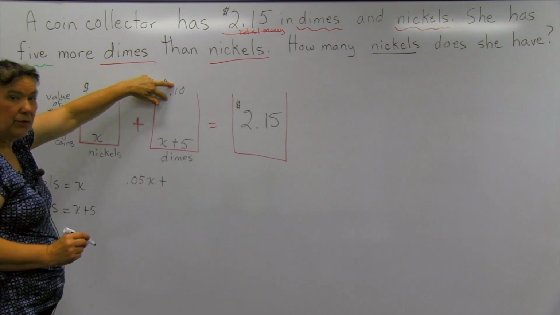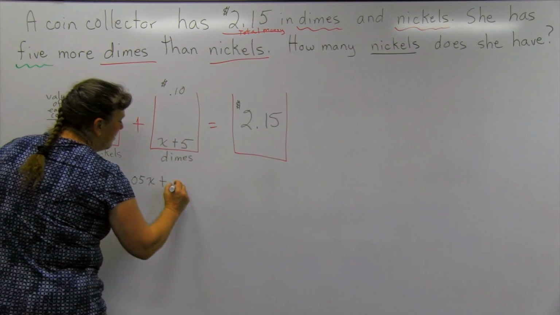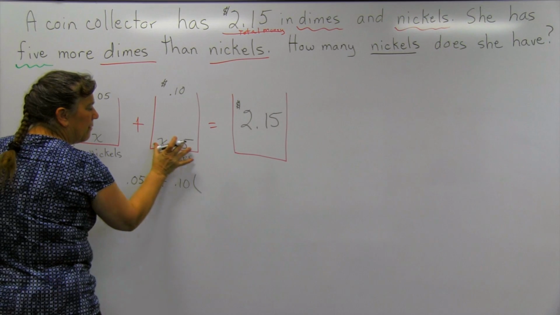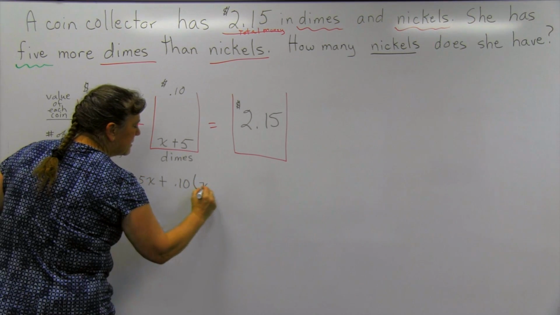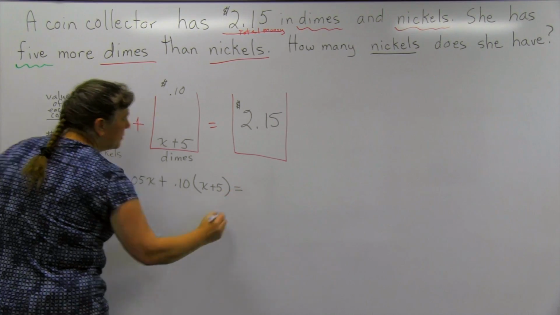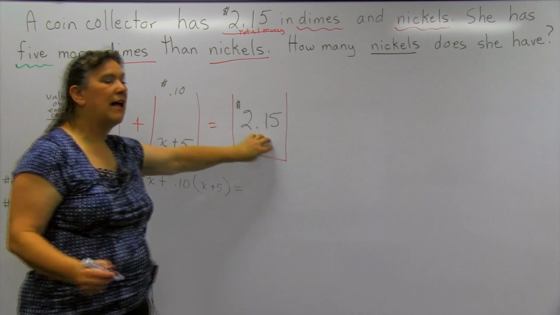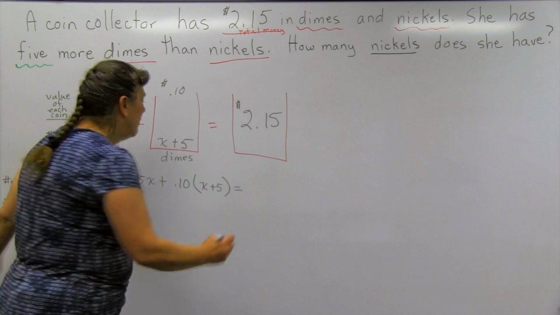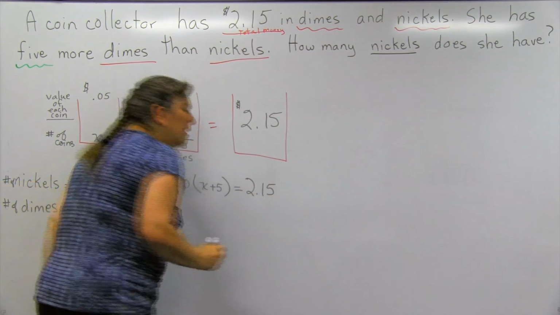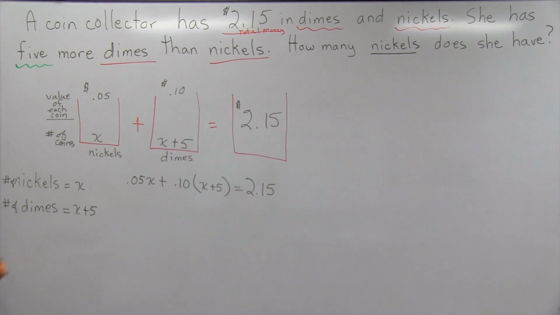It's the value of a dime, which is 0.10, times my number of dimes, which is my x plus 5. And this is equal to my total value of money that I have, which is 2.15.